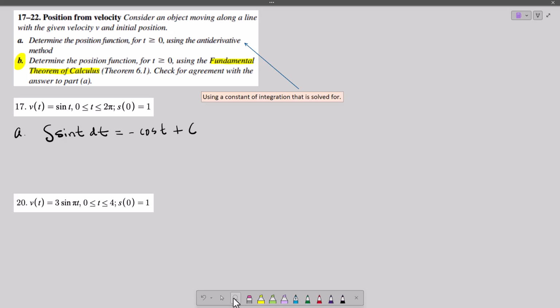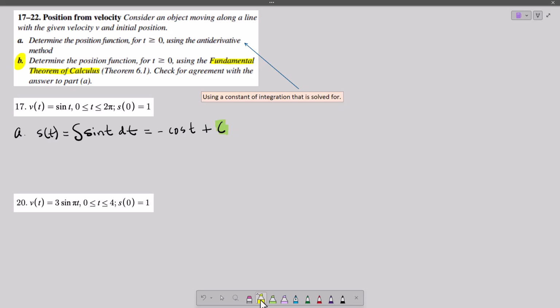This is leading us to s. So this is s of t, but we're not quite there yet because we've got that mystery. So with this method we get almost s, but then we have to figure out what c is to actually finish off and get s. So how do we do that?